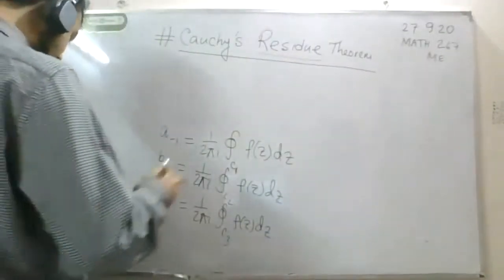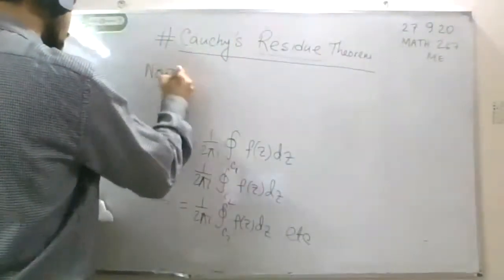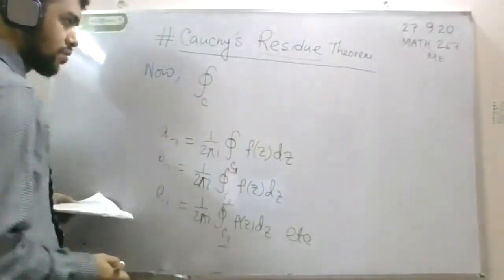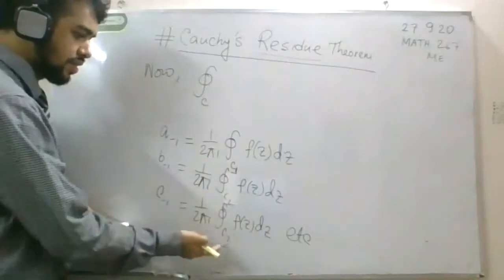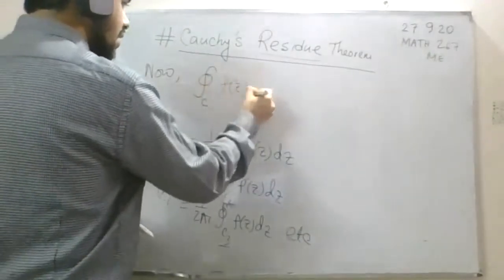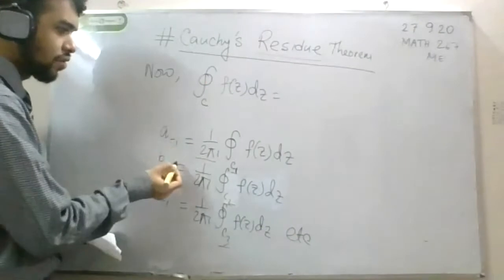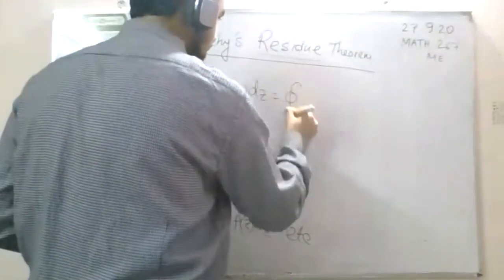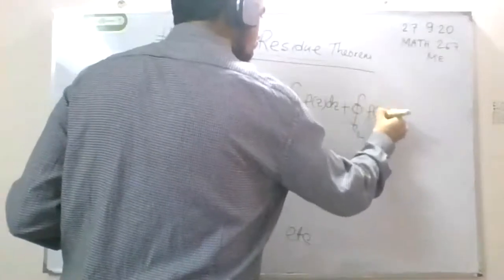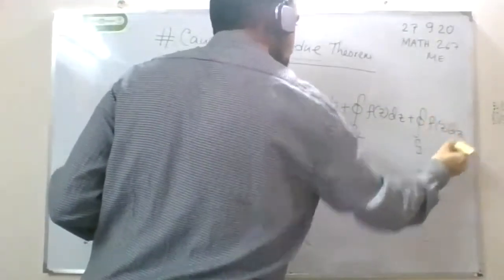Now for the whole simple closed curve C, the integral over C of f(z) dz equals 2 pi i into a subscript -1, which can be written as the integral over C1 of f(z) dz plus the integral over C2 of f(z) dz, and also the integral over C3 of f(z) dz plus so on.